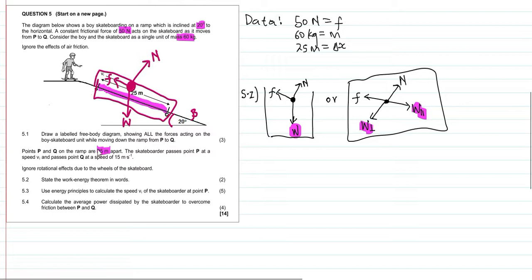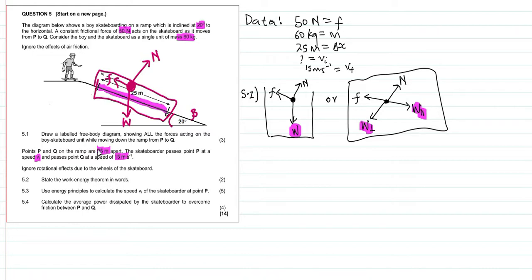So we are not given the initial velocity, is what we'll be looking for. And passes point Q at a speed 15 meters per second. So 15 meters per second is the speed at point Q.